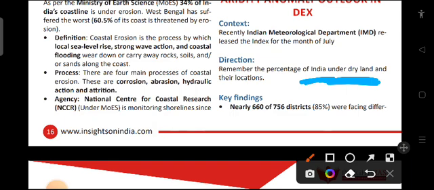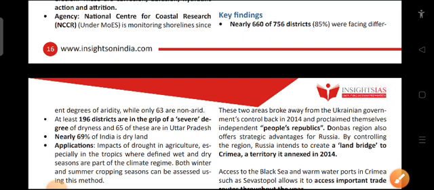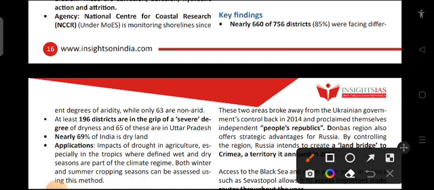Key findings: nearly 660 of 756 districts, that is 85% of Indian districts, were facing different degrees of aridity, while only 63 are non-arid. All the remaining 85% are facing aridity.